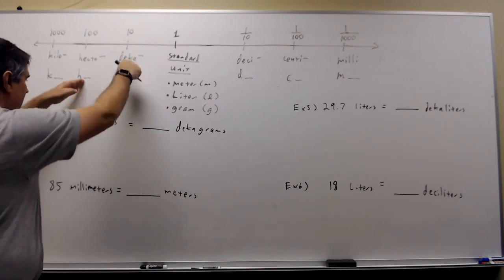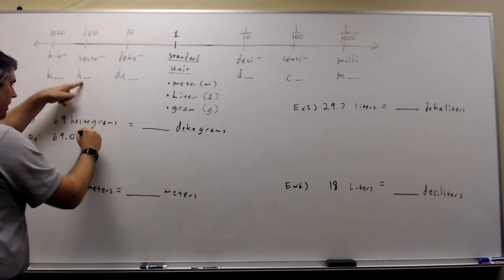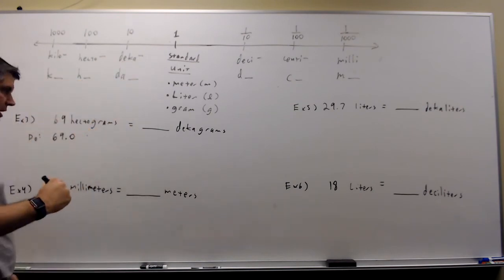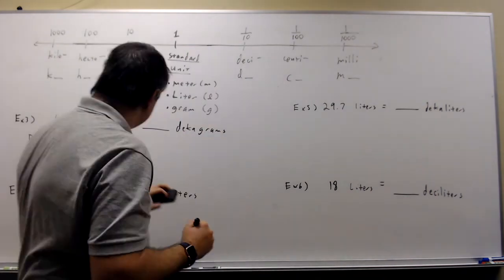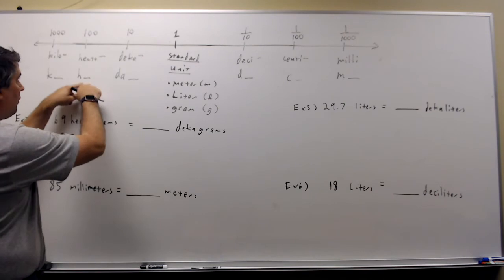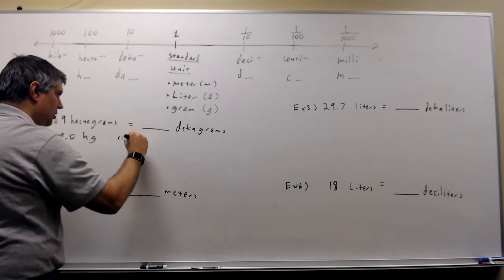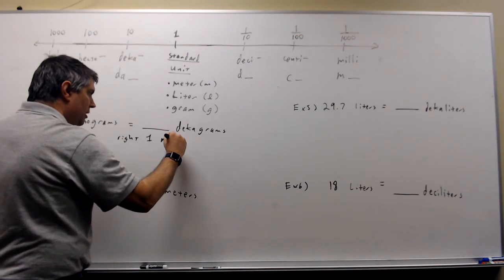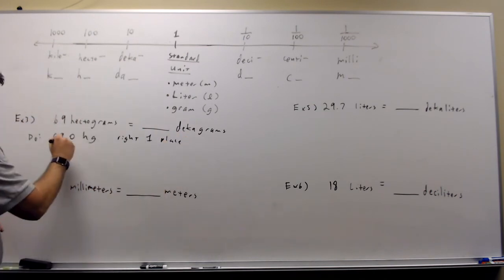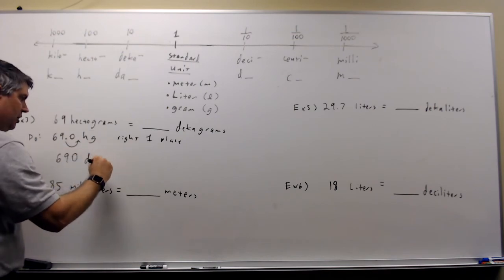Deca is 1, and we're going over 69.0 hectograms, and we're going to go to the right 1 place. Right 1 place. So, move the decimal point over. We have 690 decagrams.